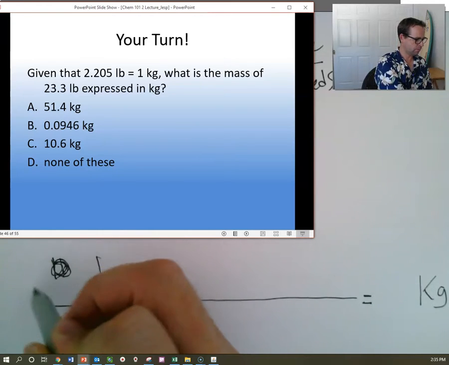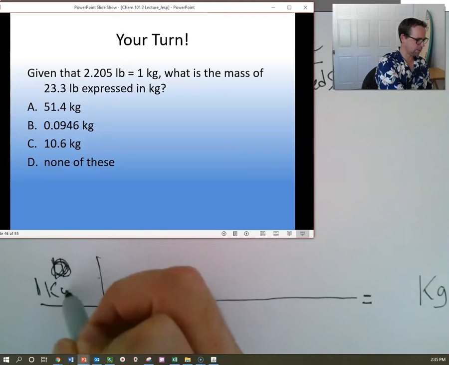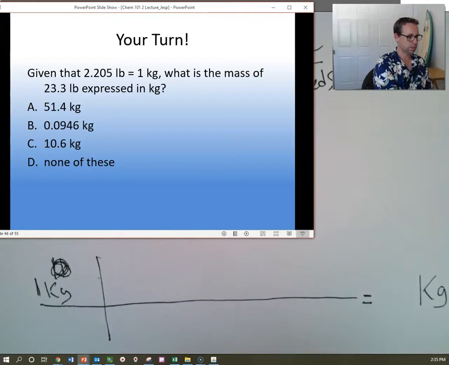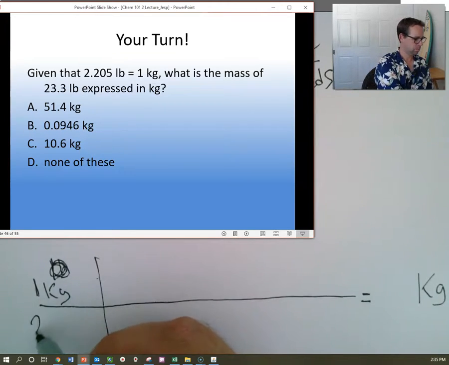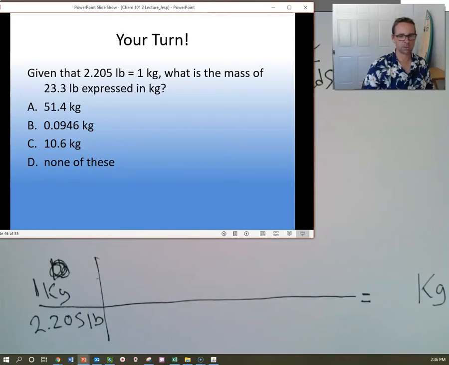Okay. If we went with the 1 kilogram up here, then what would go underneath it? The 2.205 pounds. Pounds, yeah. Okay, very good. Now, in this case, we have pounds on the bottom that we need to get rid of.